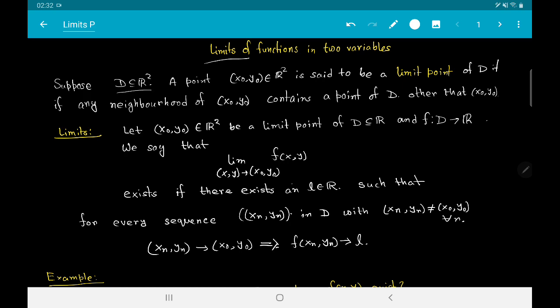So suppose that D is a subset of R2, and you can take a point (x0, y0) in R2. Note that I am not saying that (x0, y0) is a point in D. I'll come to why I am saying so.